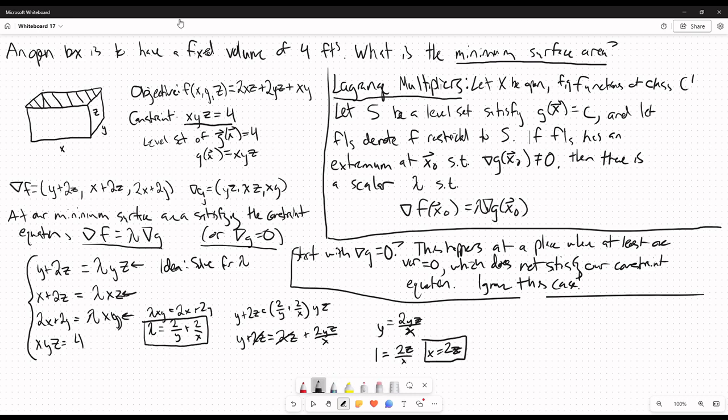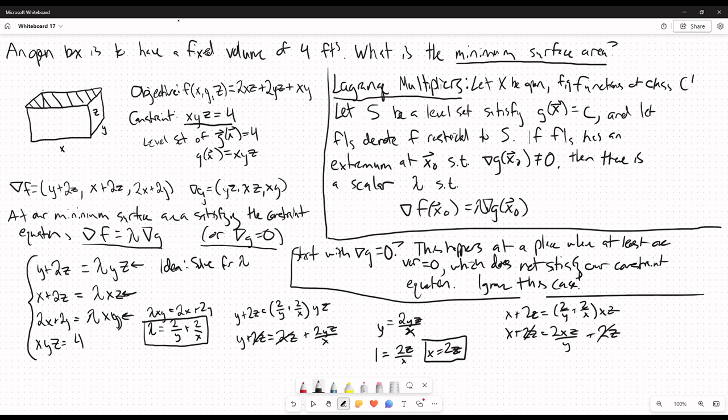Okay. Since that worked out so nicely, let's just do the same thing for the second equation and see what we get. We're going to get x plus 2z equals lambda times xz, but lambda is 2 over y plus 2 over x times xz. That's going to give me x plus 2z equals, let's see, that's going to give me 2xz over y plus 2z.